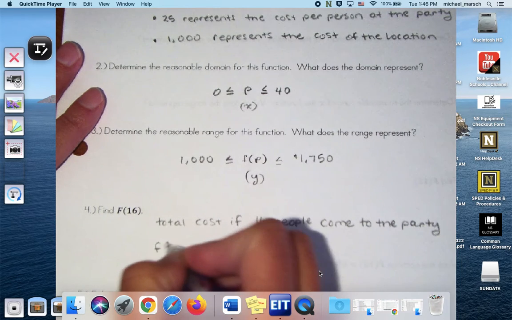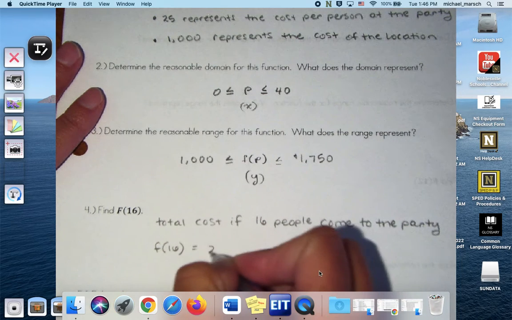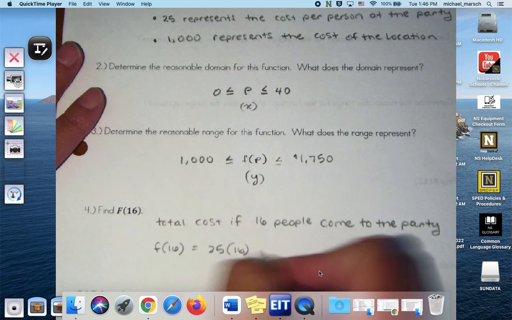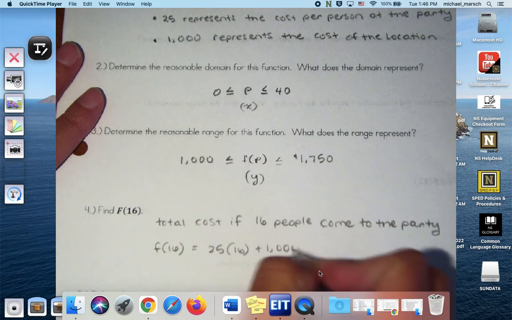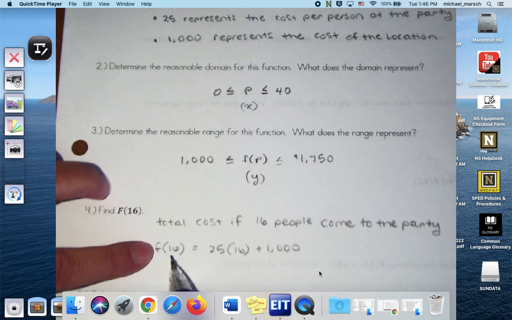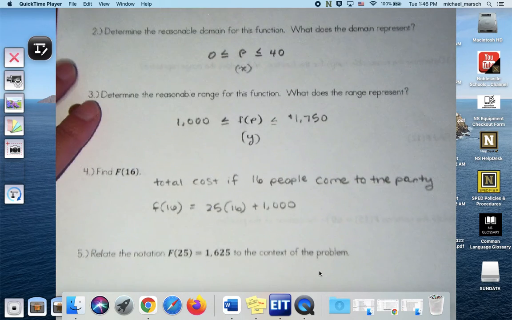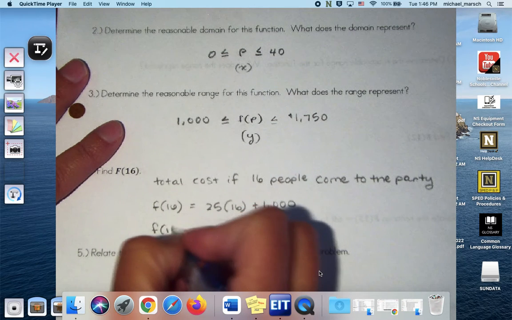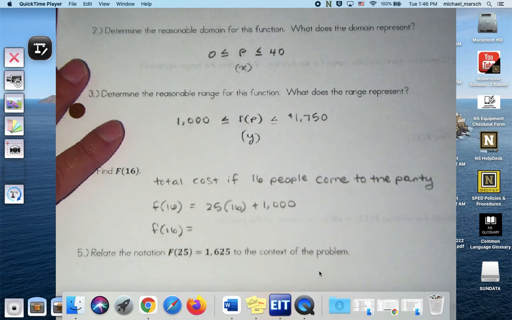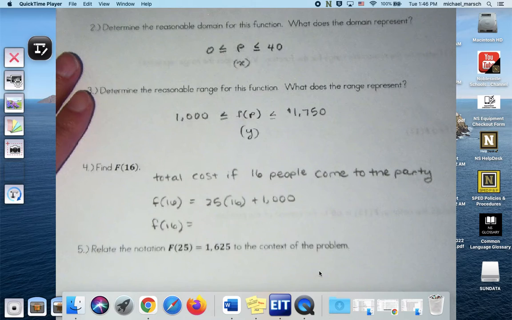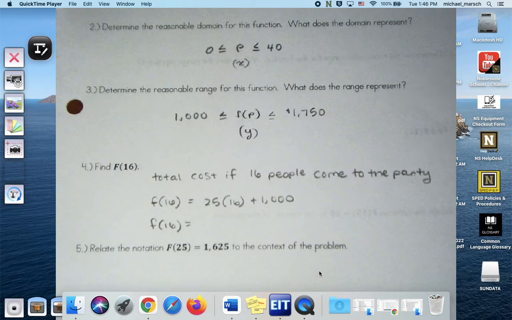So we would say, all right, the function of 16 is going to be 25 times 16 plus 1,000. So I put the 16 in for the p values in the function. How much is it going to cost to have that party?